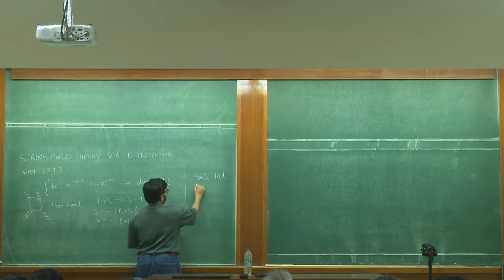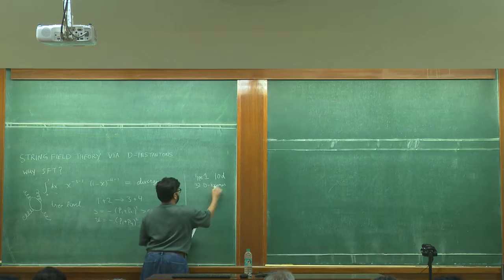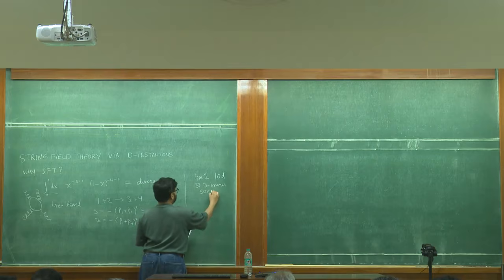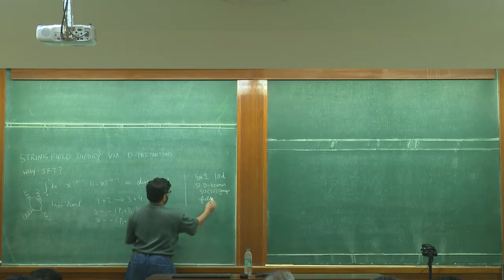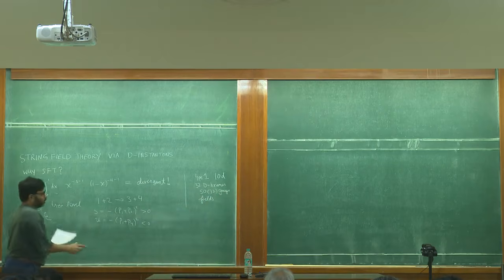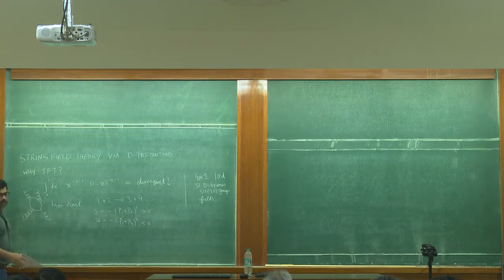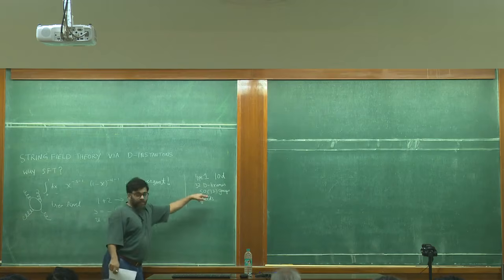And in this background, there are 32 D-branes, which give rise to SO(32) gauge fields. And no tachyons. So this formula is not diverging due to tachyons or anything. It's in a tachyon-free supersymmetric theory that you have this divergence. This is a scattering amplitude of 4 gluons of these gauge fields.